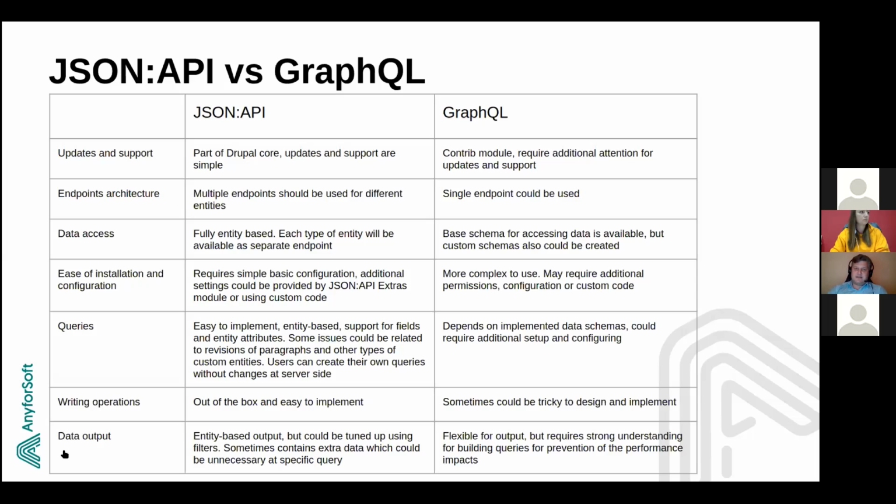For data access, as I said earlier, JSON API is fully entity-based, and each type of entity will be available as a separate endpoint, and all fields data will also be available. For GraphQL, the base schema for accessing data is available, so we will also have access to the nodes, the node fields, and other stuff.